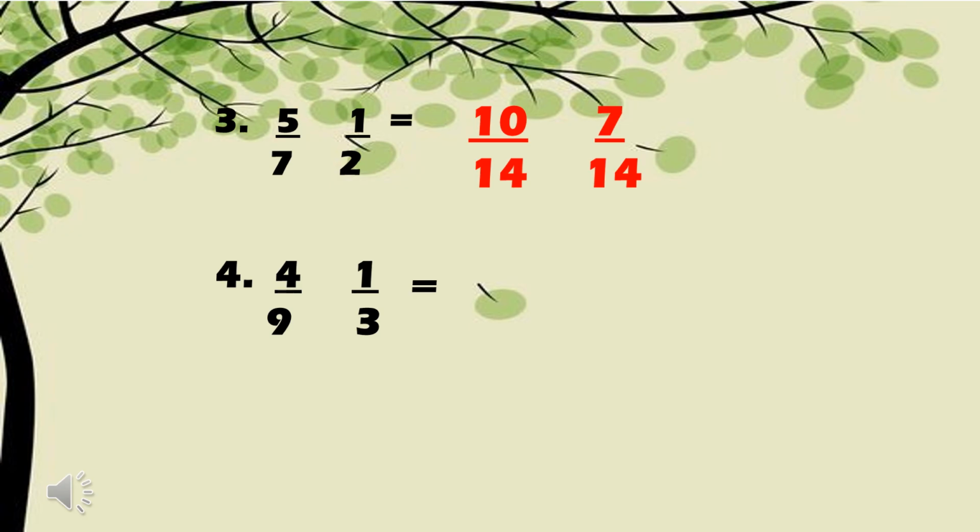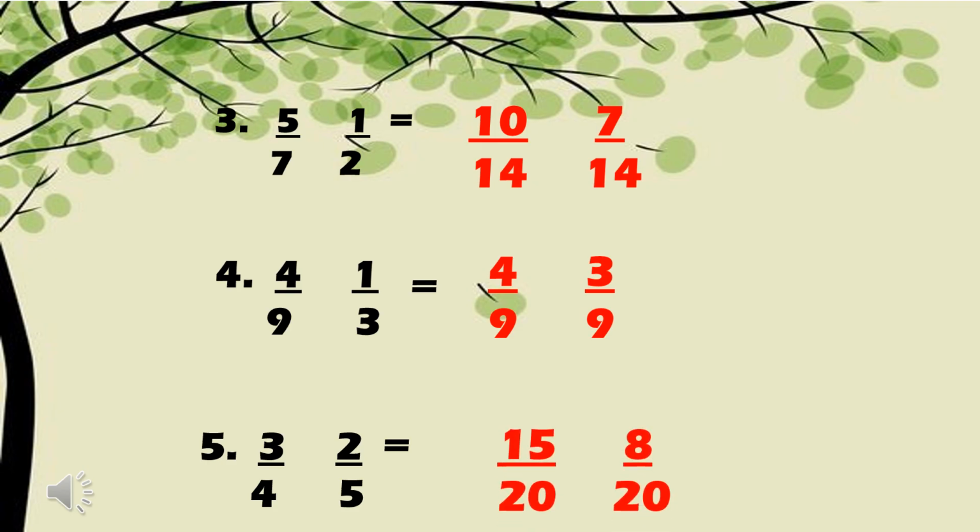Change it to similar fractions. We have 4/9 and 3/9. And the last number 5, 3/4 and 2/5. What's the similar fraction? Let's answer it. We have 15/20 and 8/20.